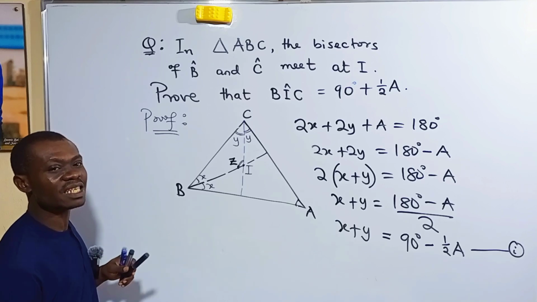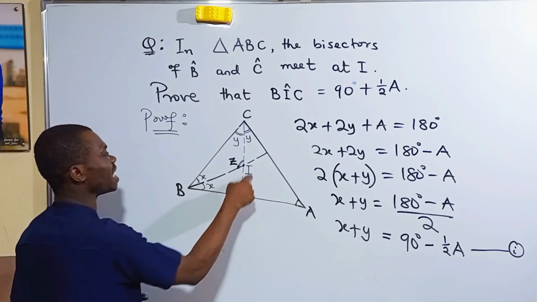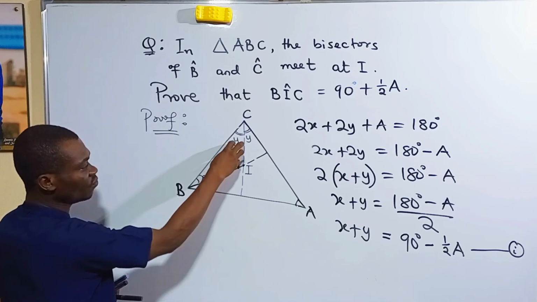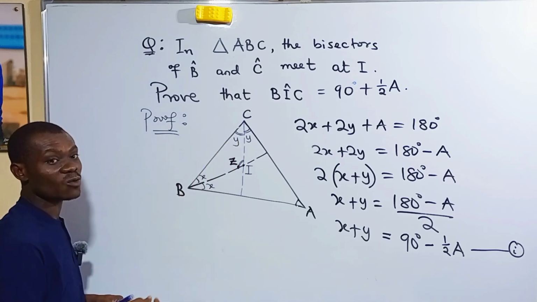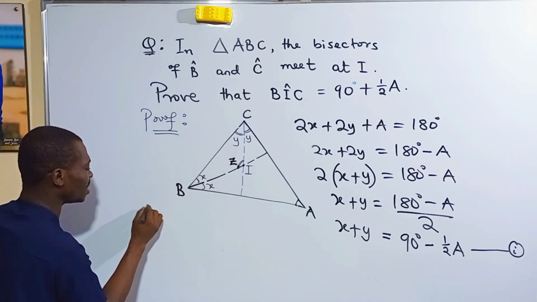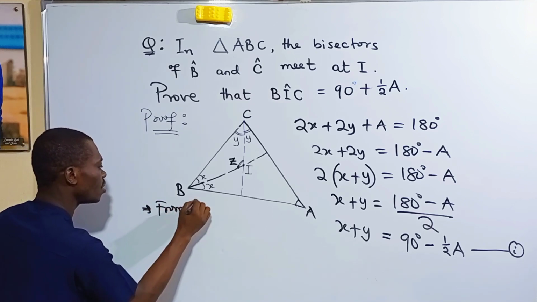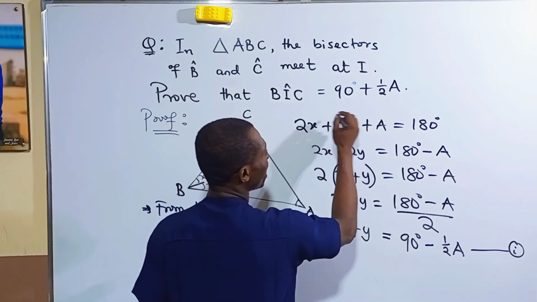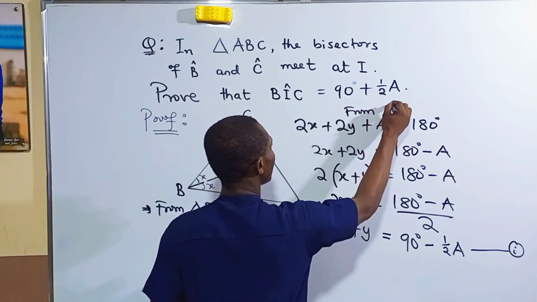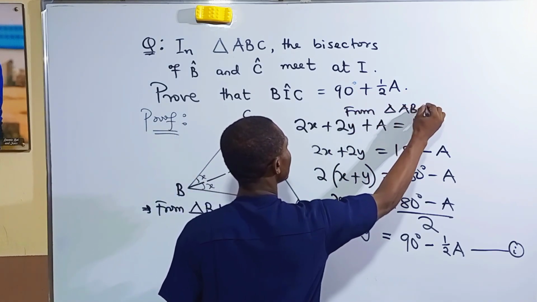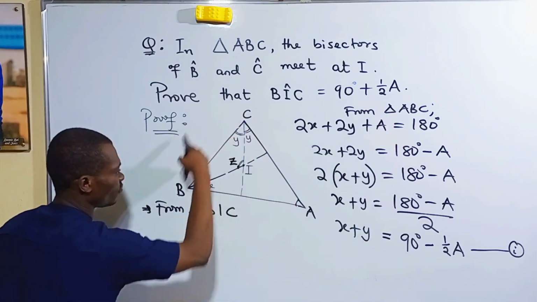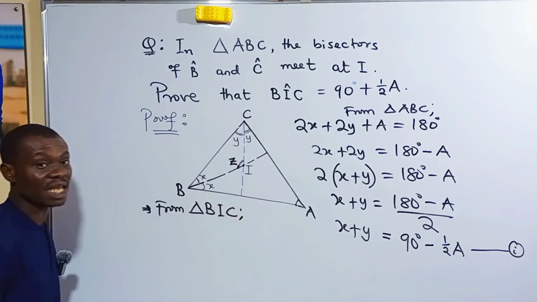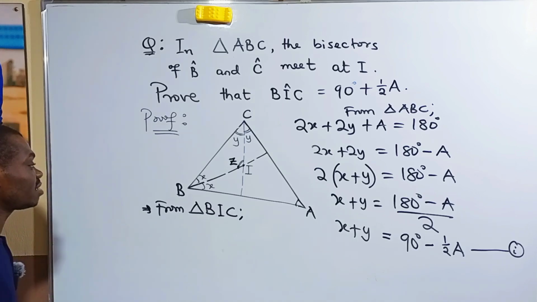You can clearly see that in triangle BIC, if you sum the angles there, you will also get 180 degrees. So everything we did here came from triangle ABC, while what we want to do now is coming from triangle BIC.